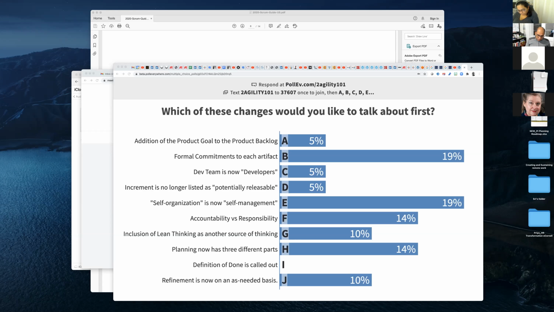So let's look at what the artifacts are first, and then we will go from there. So, formal commitments to artifacts. There are three artifacts, and I'm going to just write them out on the slides.